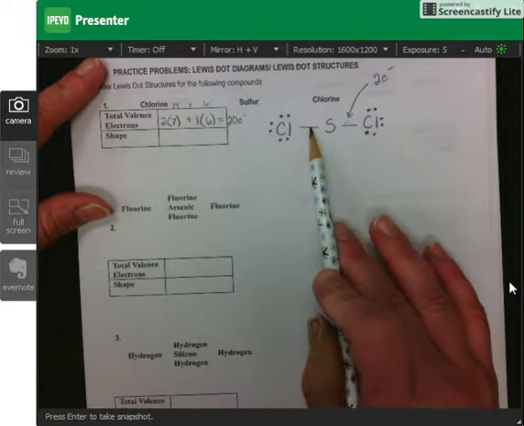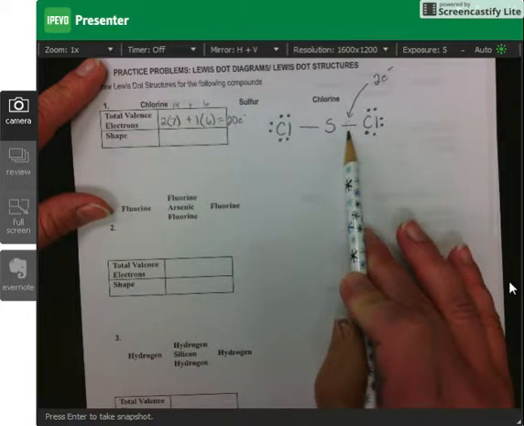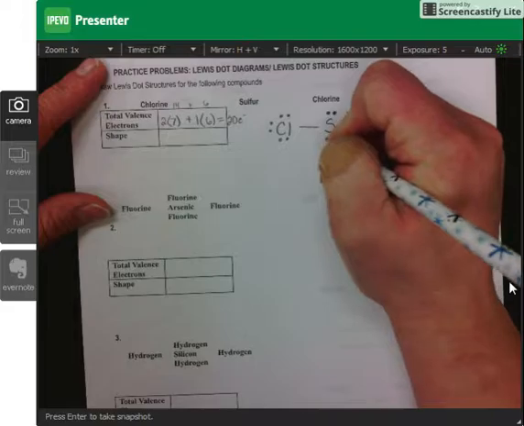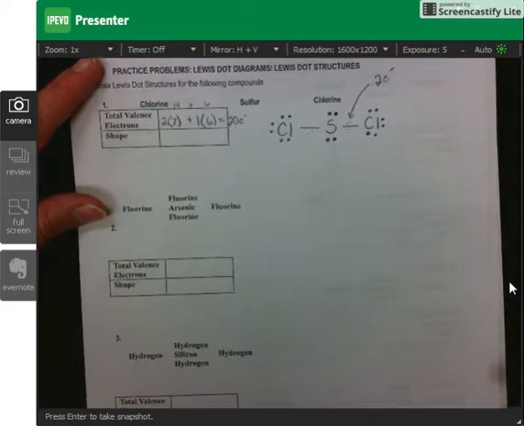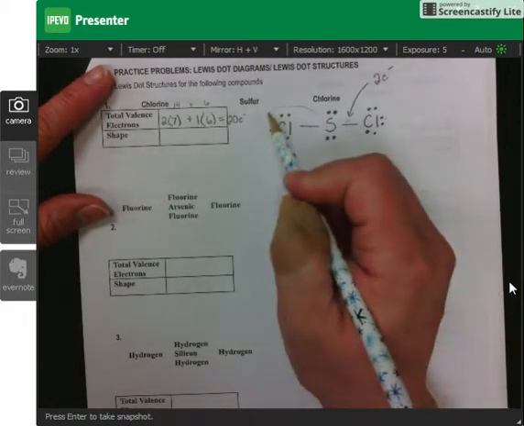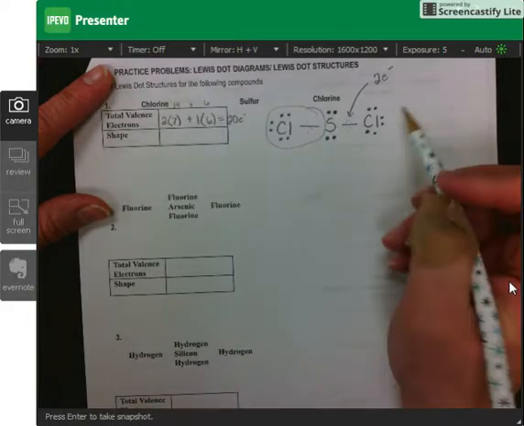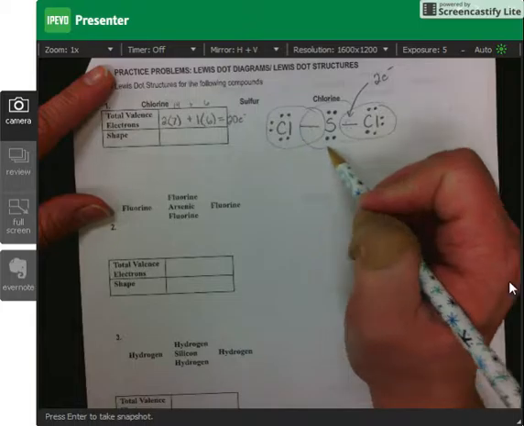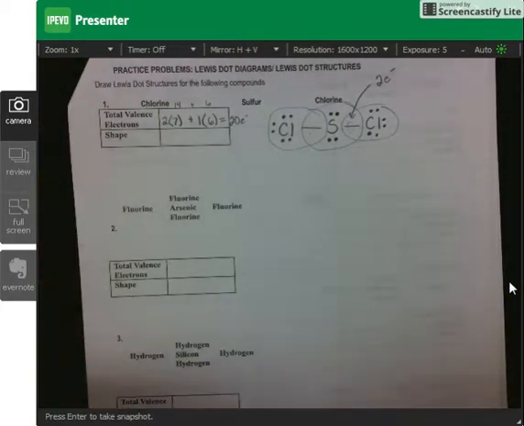He technically only has 2 here and 2 here. So what I'm going to do is throw 2 lone pairs up there and up there. And now this chlorine atom has 8 electrons around it, this chlorine atom has 8 electrons around it, and this sulfur has 8 electrons around it.